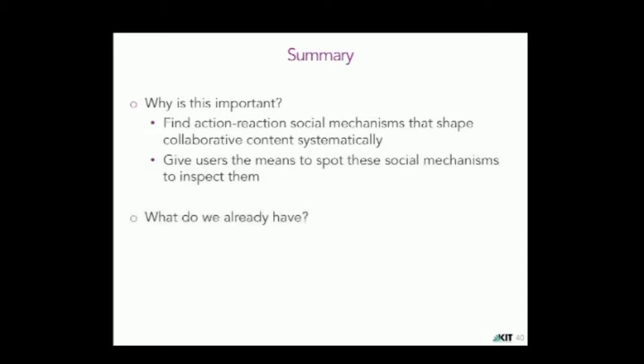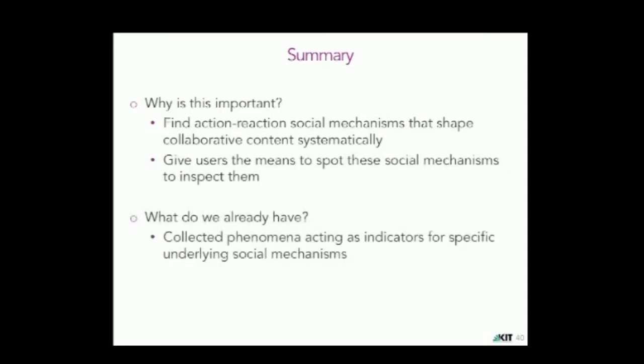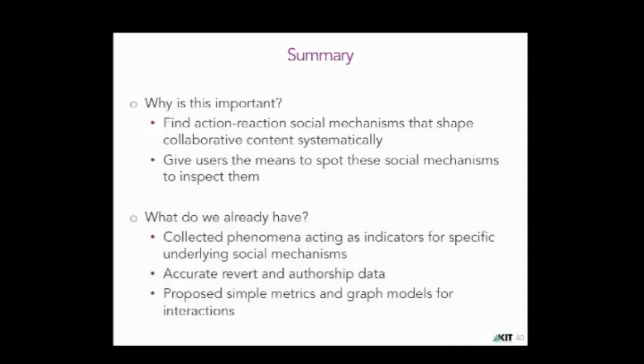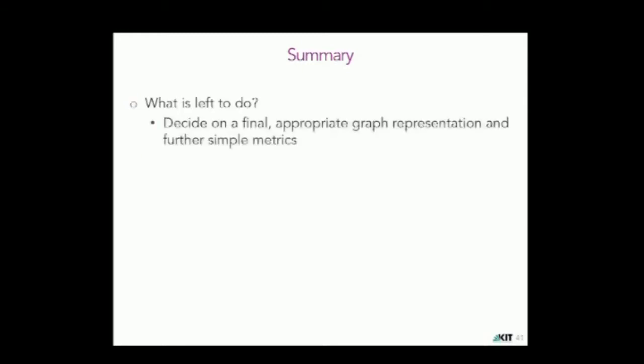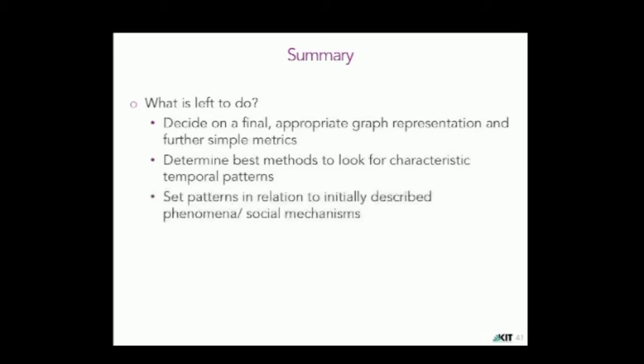What we already have is that we collected these phenomena that act as indicators for where we think social mechanisms are happening, and we have accurate revert and authorship data, and some proposed simple metrics and graph models that we now have to extend and build on. Then we decide on the final appropriate graph representations and other simpler metrics, and look for the best methods to find these patterns in the temporal data.